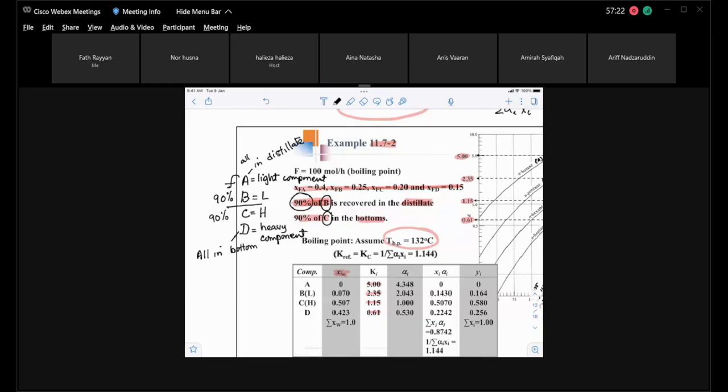Before you can proceed to get the boiling point, because the boiling point is normally for the bottom product, now you need to get the composition of your bottom product, not that of your feed. But if you look at example 11.71, then that is a different example, looking at the feed composition. Now I'm looking at two examples actually. This is 11.72.